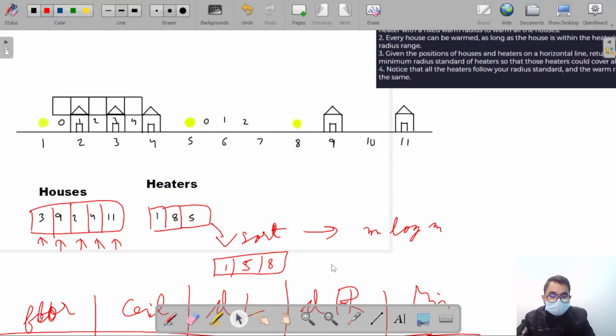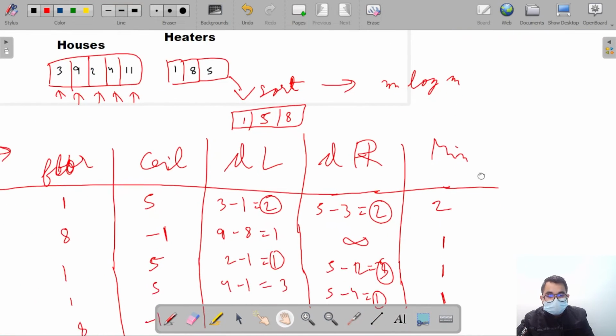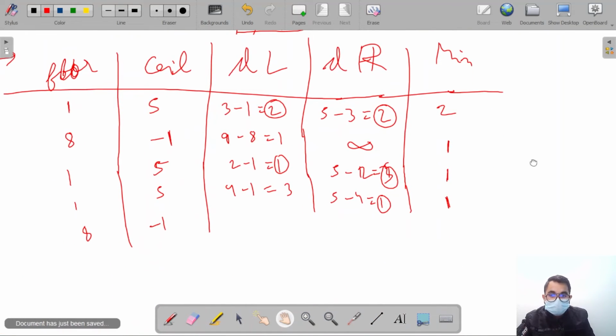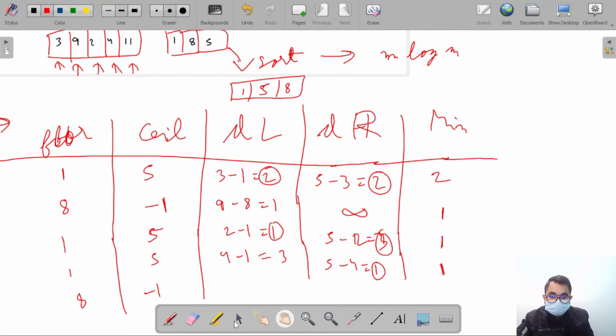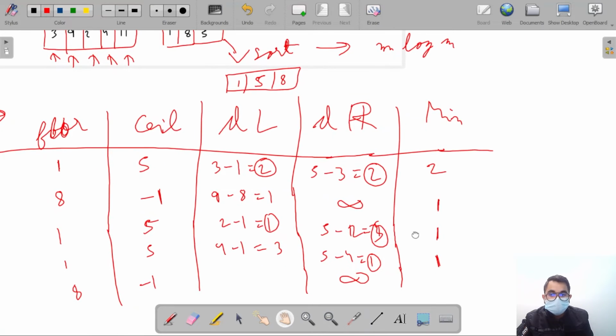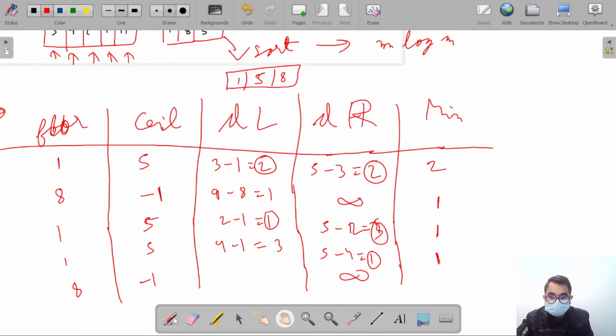There's nothing here, so I'll say the distance from the right will be infinite. Although infinite is not written, I will just assume it is infinite. The distance from the left is 11 minus 8, which is 3. So the minimum distance is 3.